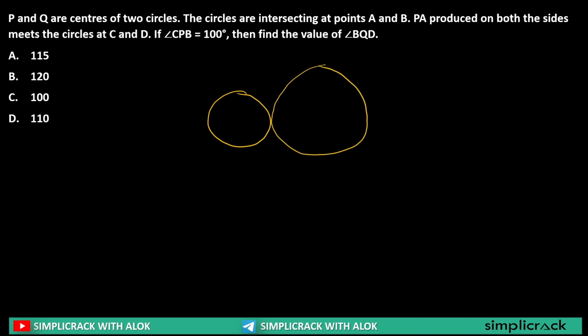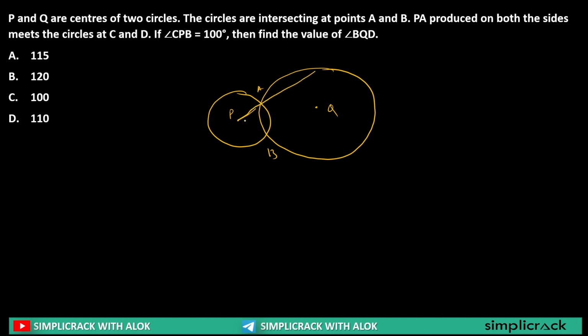P and Q are the centers, so this is P, and for example this is Q. These circles are intersecting each other at A and B. If PA is produced on both sides, we get C over here, P here, A here and D over here, correct.